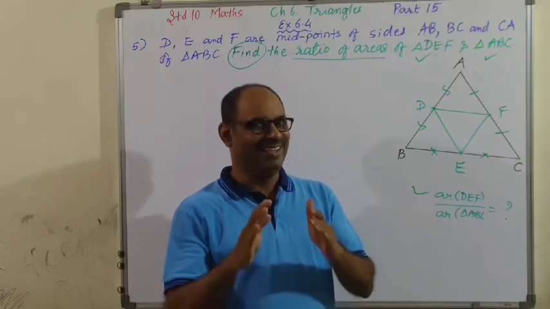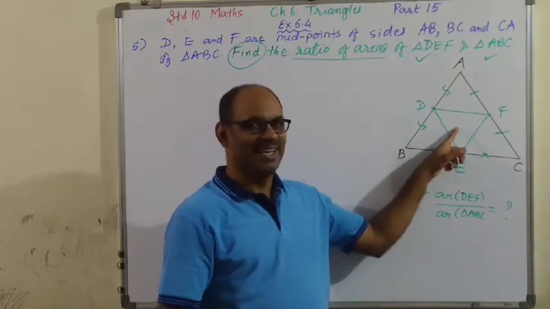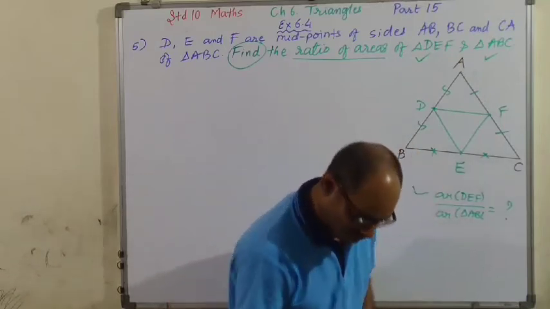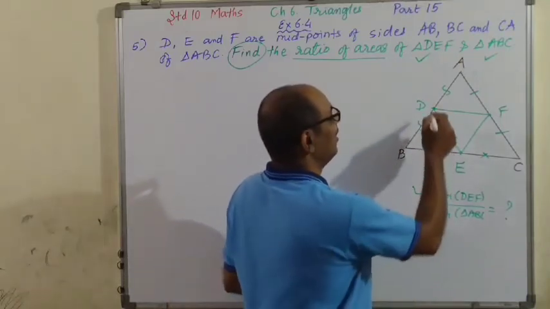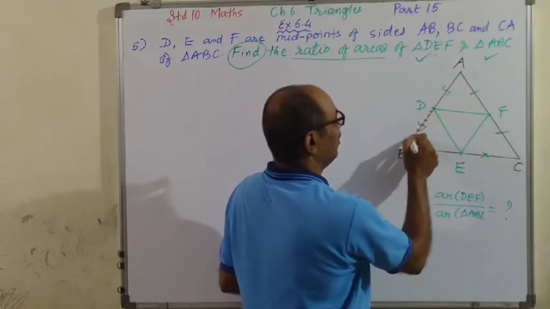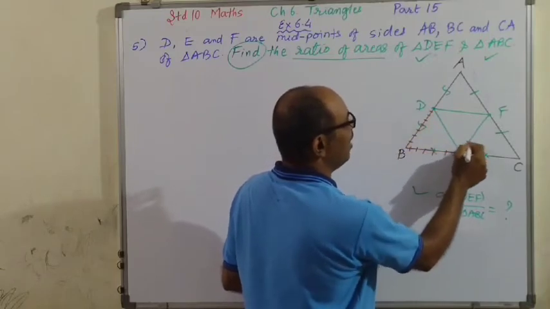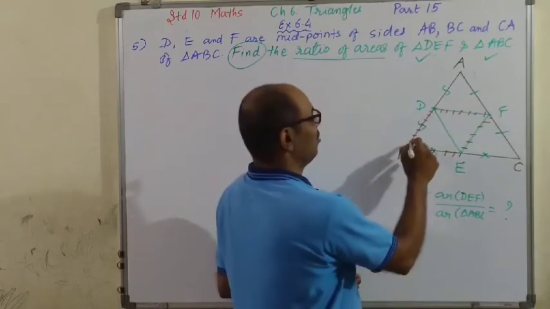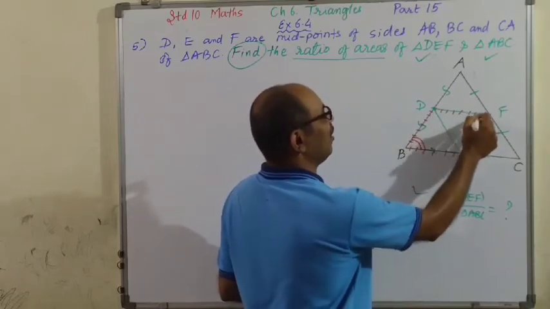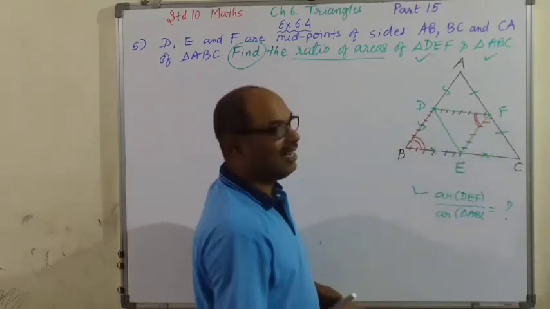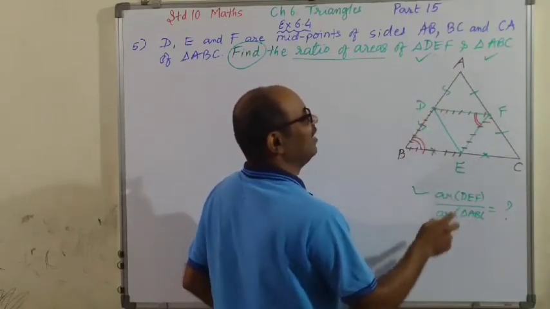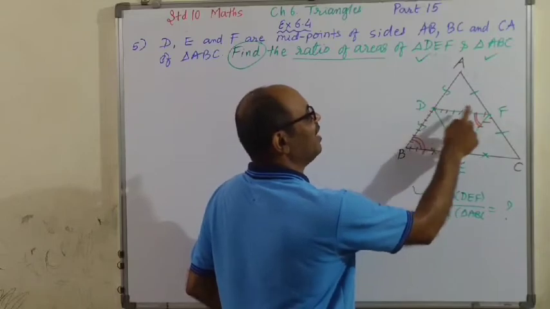Children, here you can prove green triangle is similar to black triangle. Why? I just told you. This is going to be a parallelogram. So this angle will be equal to this angle. Correct? Angle B, the black, ABC, is equal to angle F, the green, DFE.